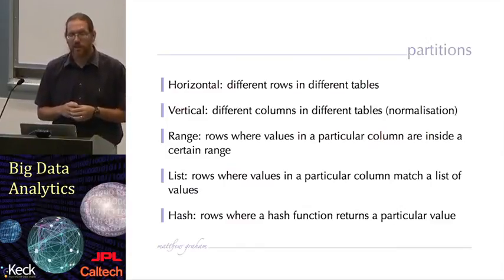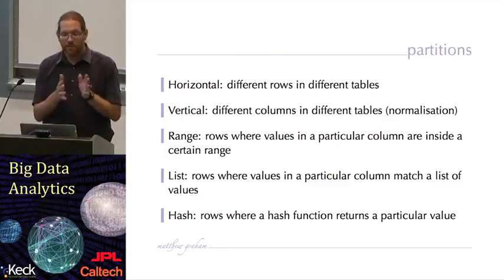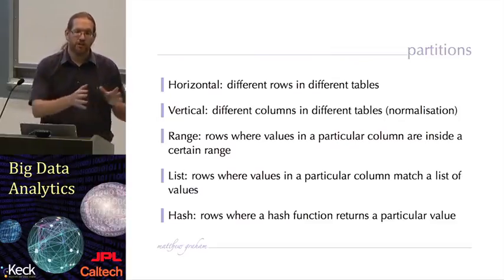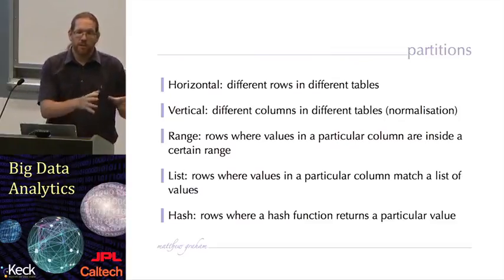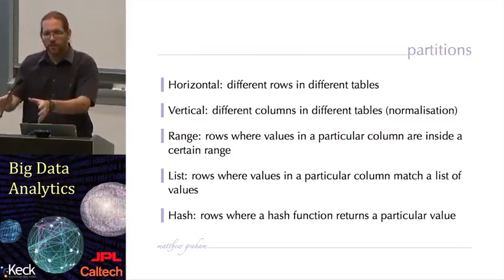You may partition according to range, where those rows which have values in a particular column within a certain range go into one table on one machine, and those in another range, those values go on another machine.